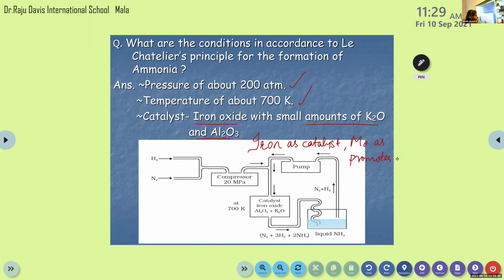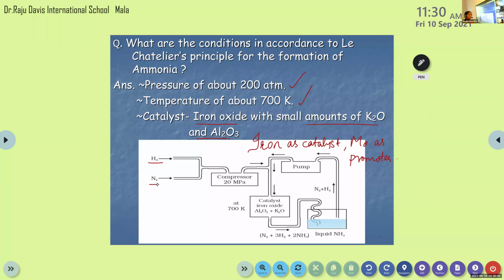And this is the flow chart to explain this Haber's process. Same thing in your textbook also, page number 176. So here, the reagents are hydrogen and nitrogen, right? Both hydrogen and nitrogen are gases. They will pass to the compressor. What's the role of the compressor?